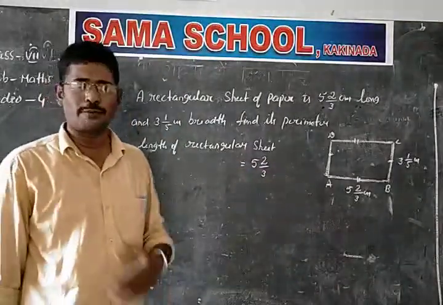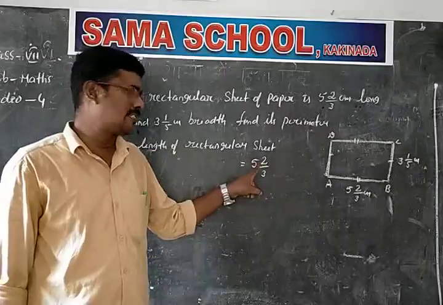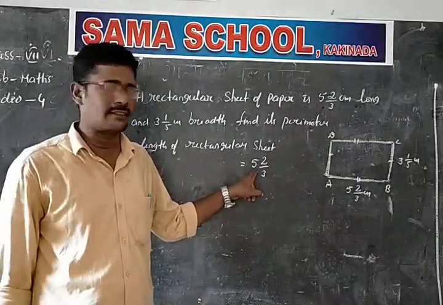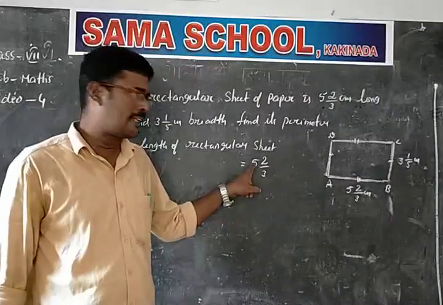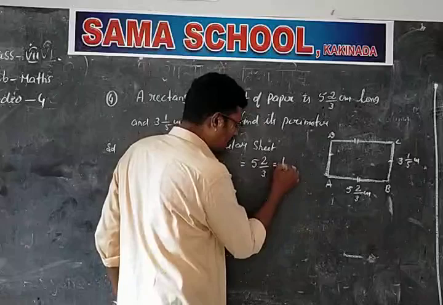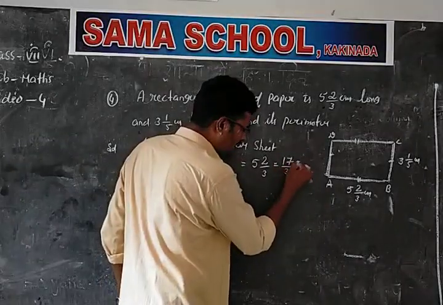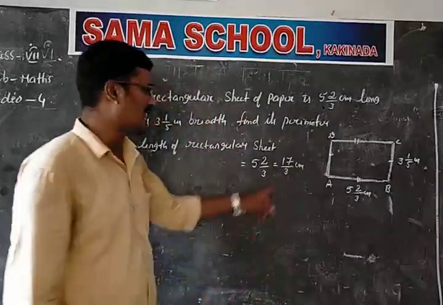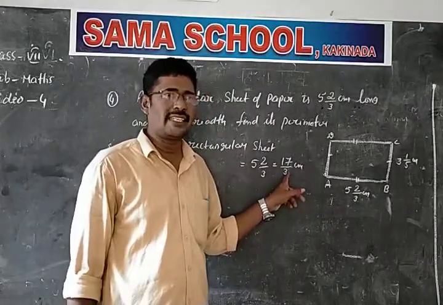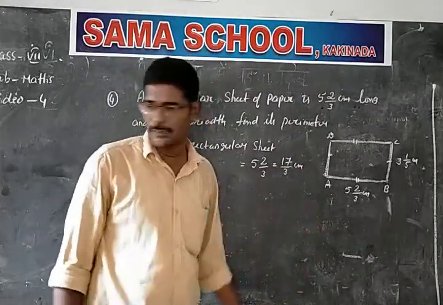What is the type of fraction? This is a mixed fraction. Now we convert it to an improper fraction: 3 times 5 is 15, 15 plus 2 is 17. 17 by 3 centimeters. This is the length. L is equal to 17 by 3 centimeters.